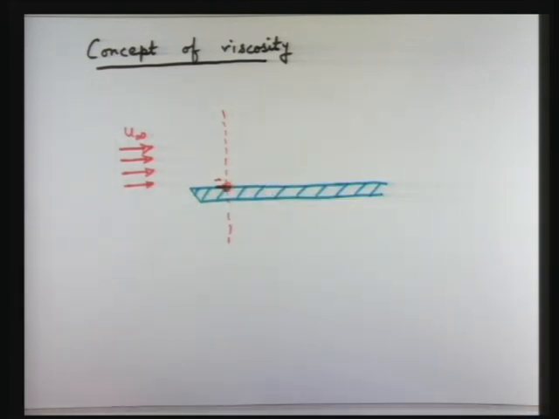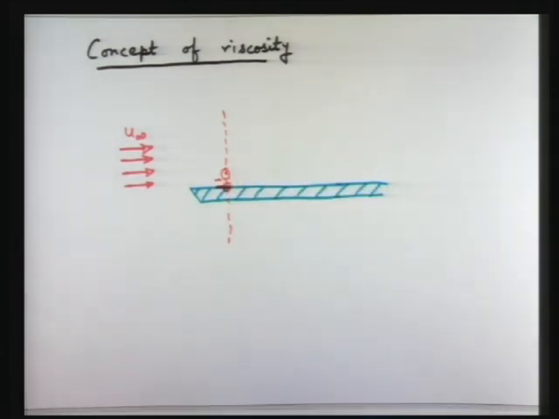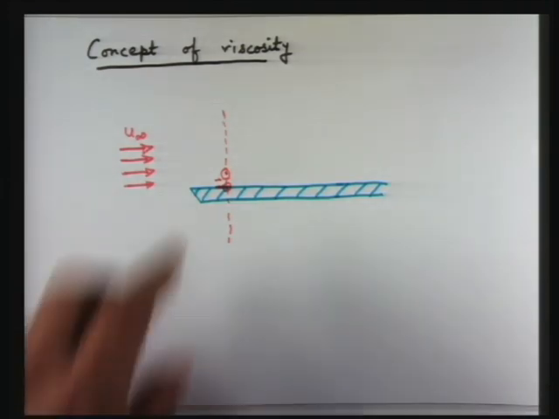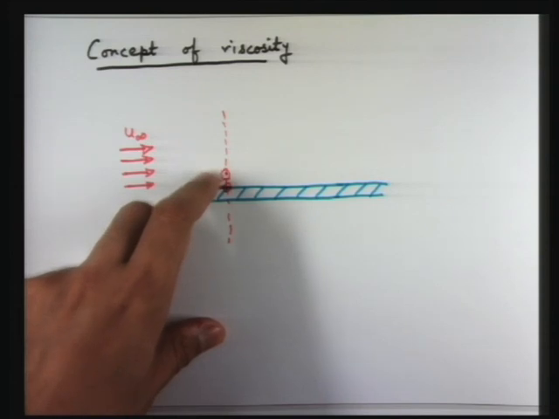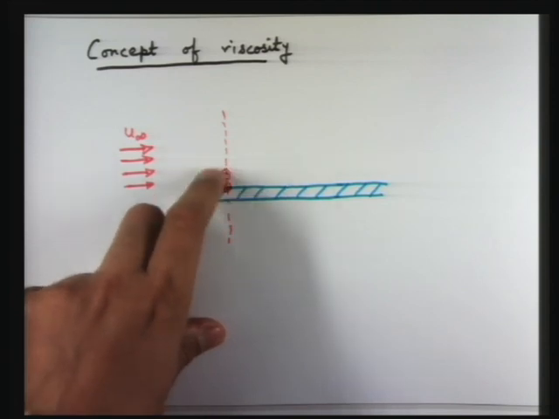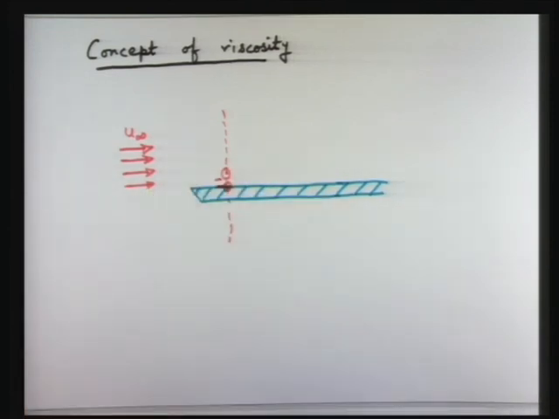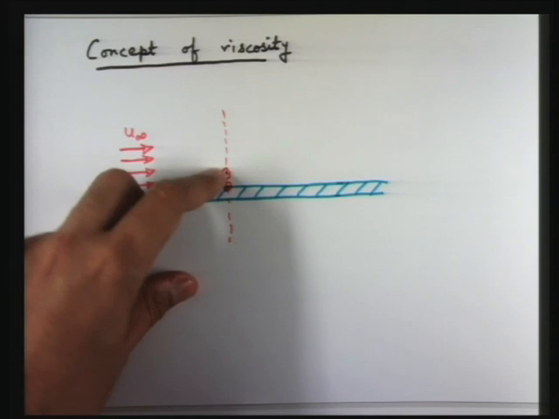Now let us come to another point here. What is the velocity here? The velocity here is definitely not 0 because it is not in direct contact with the wall, but the velocity here is also not u infinity, because this fluid implicitly feels the effect of the wall.